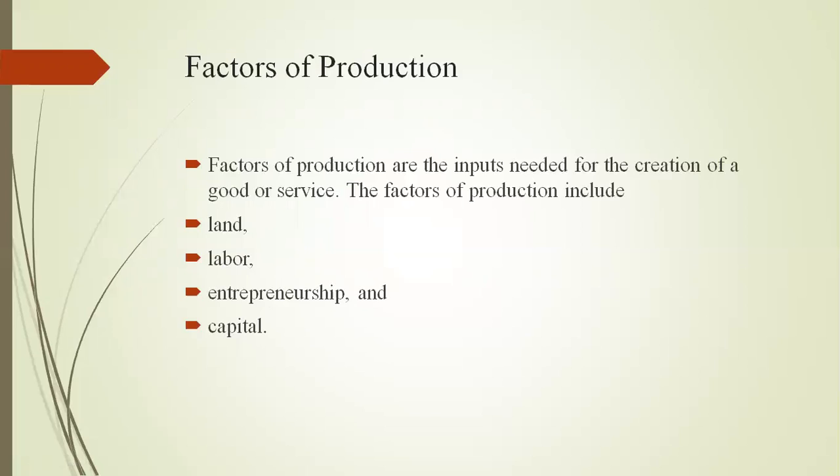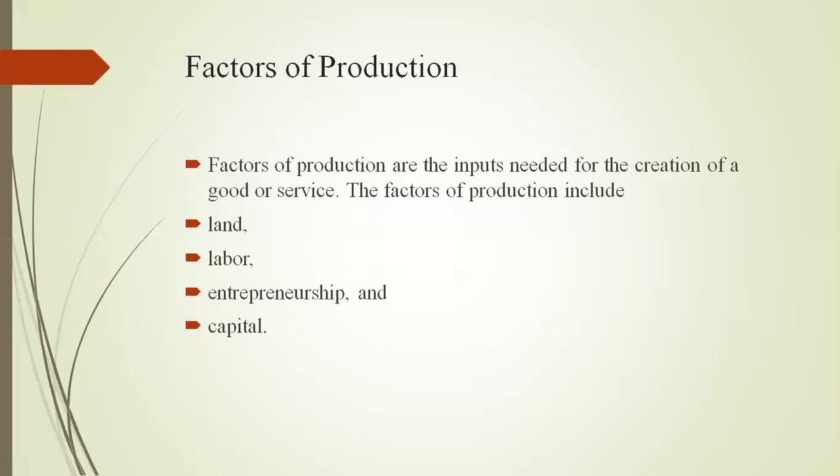So these are the inputs needed to create a good or service. Already we have discussed the basic factors of production. In the modern definition, this concept is primarily derived from the neoclassical view of economics.